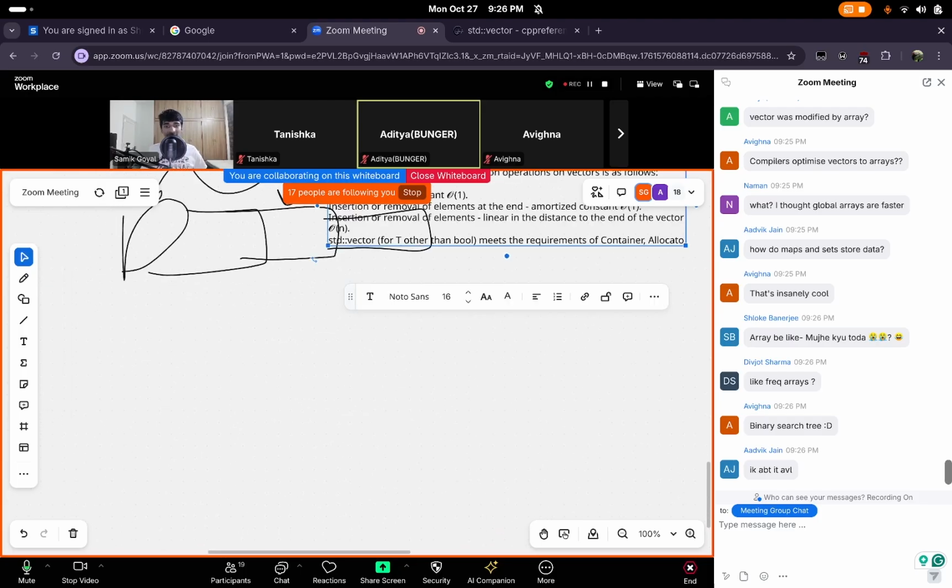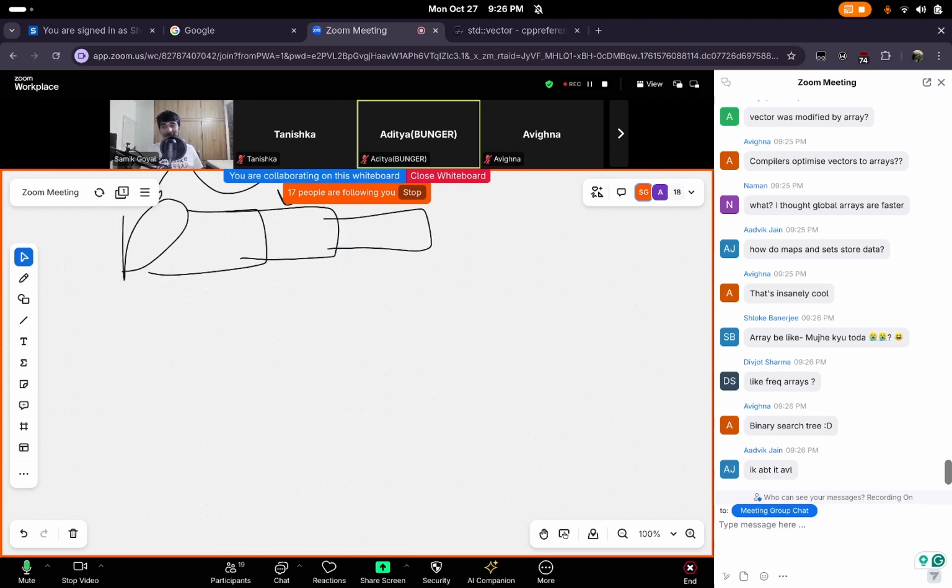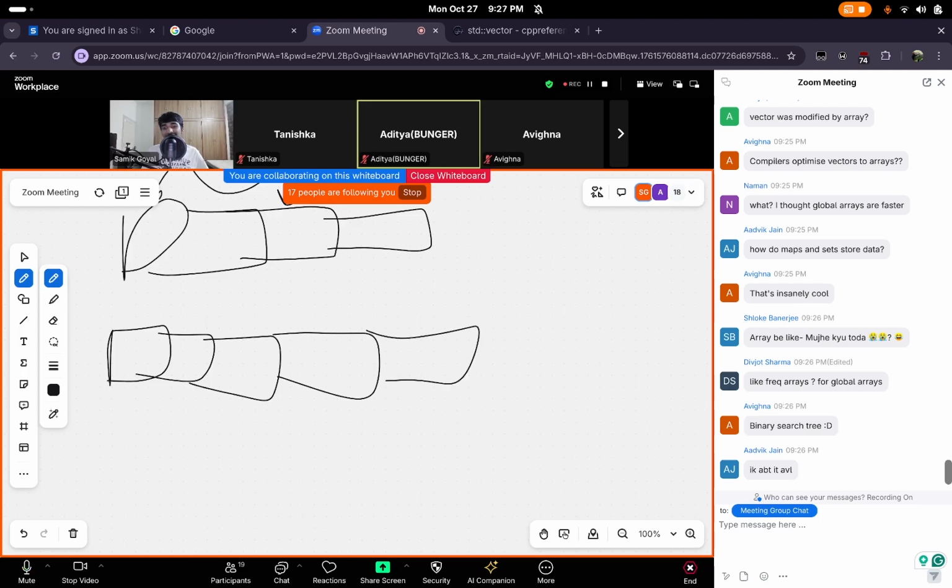So okay, now let's come over to push_back and emplace_back. How do you actually add elements to the end? Again, I feel like you've heard this a few times already, but the compiler is smart.